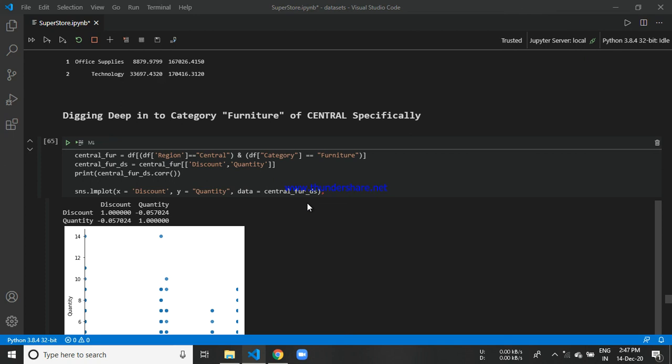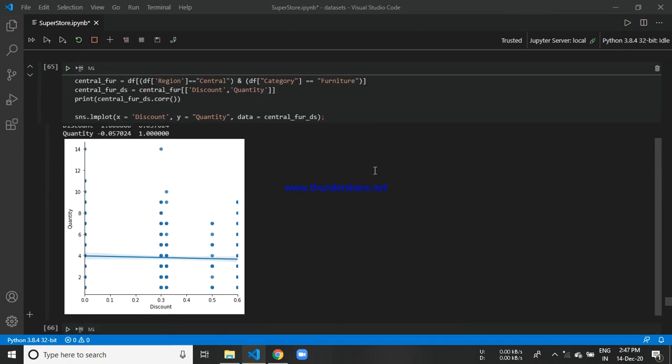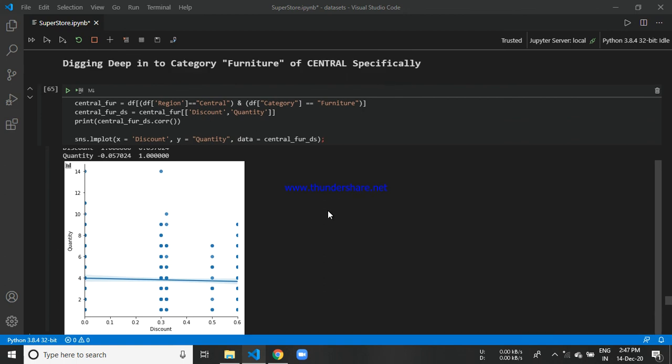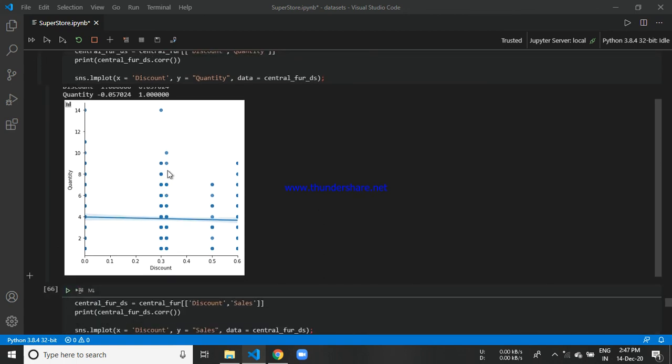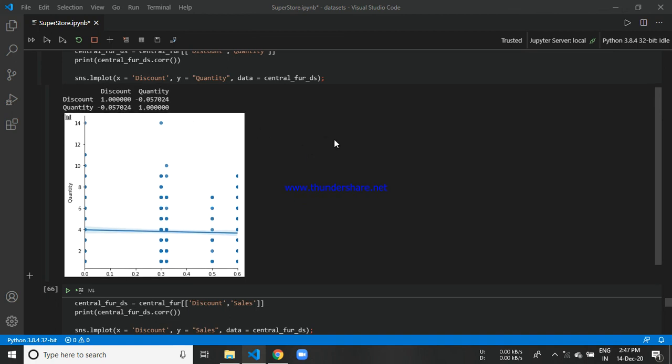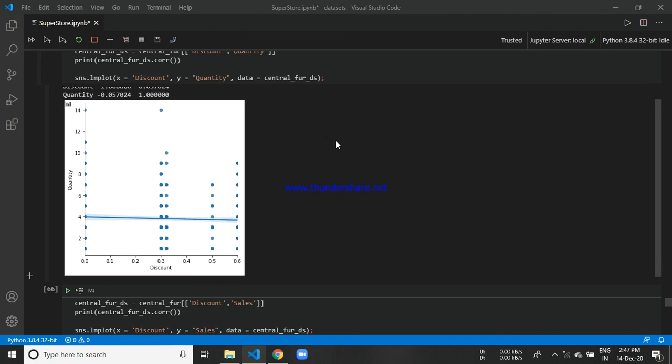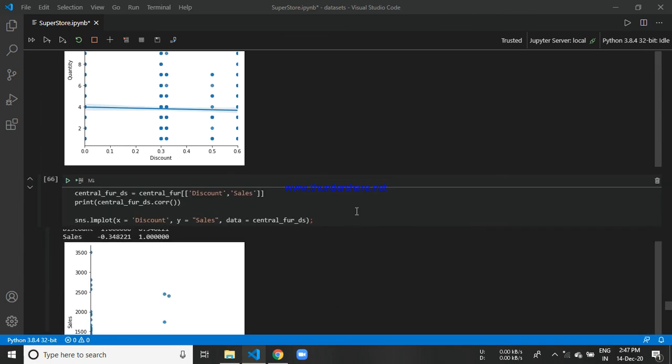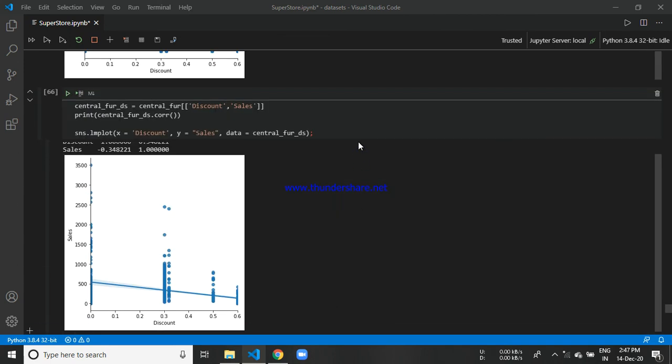Okay, so we can see the discount and the quantity. Yes, the quantity was higher somewhere, but the overall impact is negative 0.05. This is not a good correlation. I would say there is not a strong correlation between quantity and discount in the furniture section of region central.